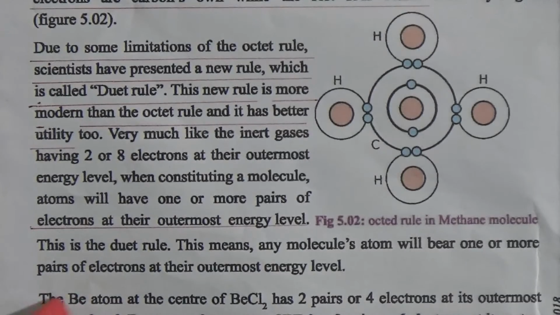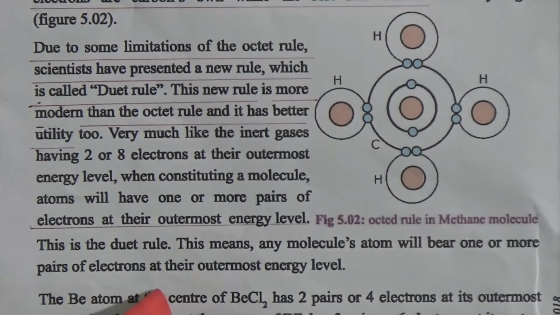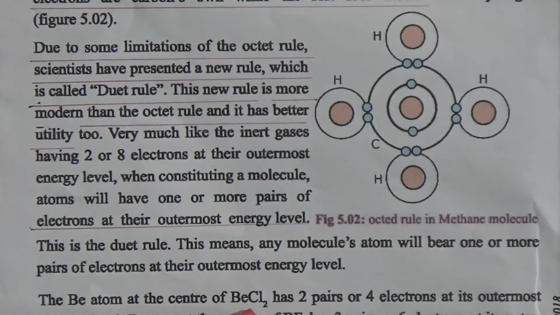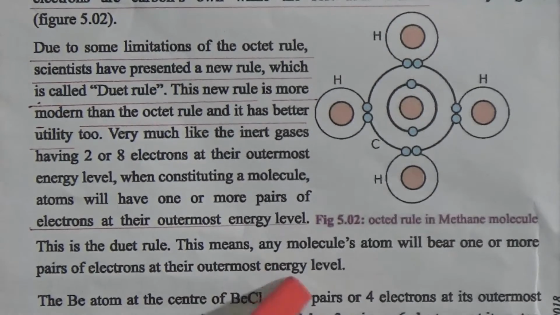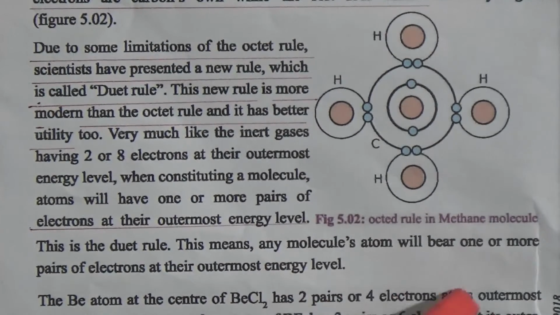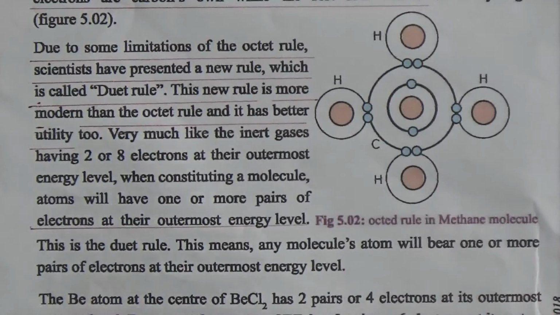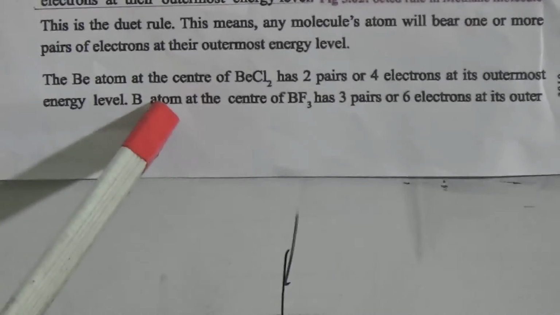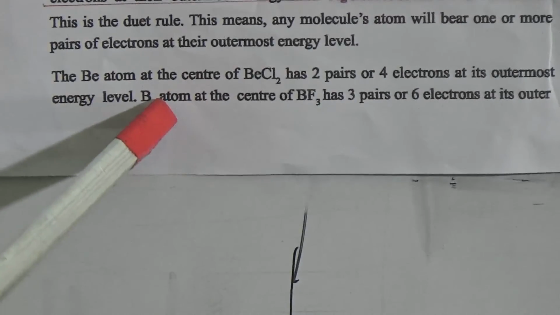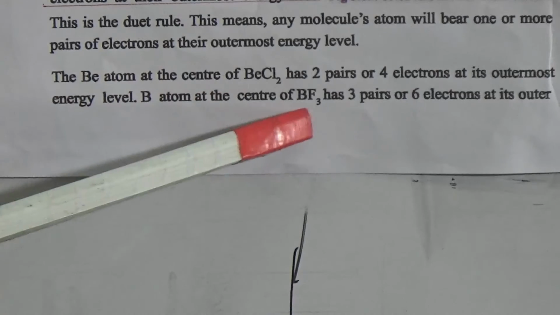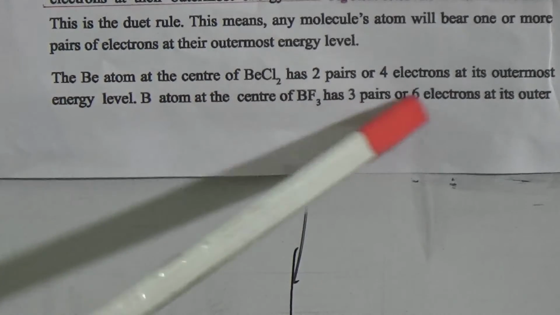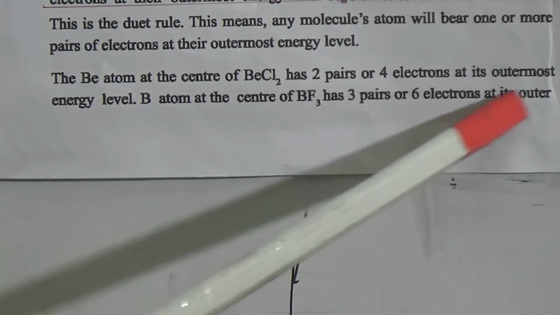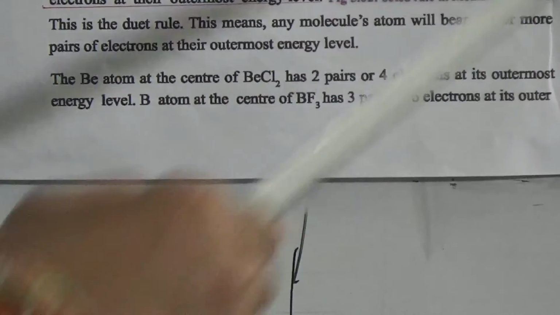And the barium atom at the center of barium chloride has 2 pairs, that is 4 electrons, in the outermost energy level. And bromine fluoride has 3 pairs, that is 6 electrons, at the outermost energy level.